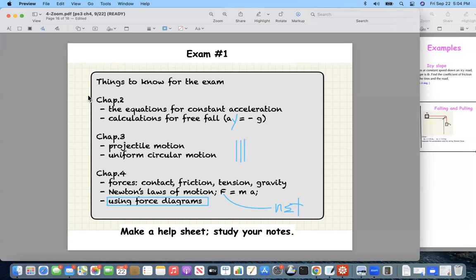All right, somebody on the chat asked about a question about a car in a circular arc. It's one of the optional questions where it's just for practice. You don't actually get any points for doing it.